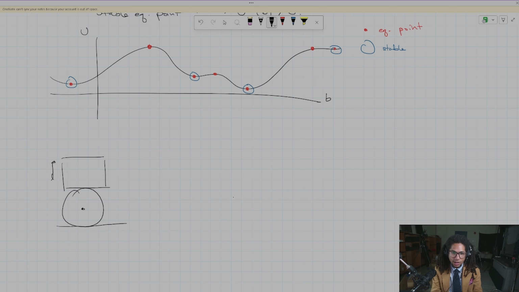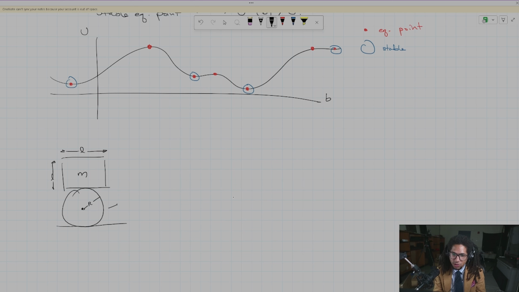Let's say it has side length L. That's balanced, and this can have radius R. Let's give this mass M. Now, friction is such that this cube can just roll back and forth on the cylinder. So let me point out the cylinder is fixed, so it doesn't roll.